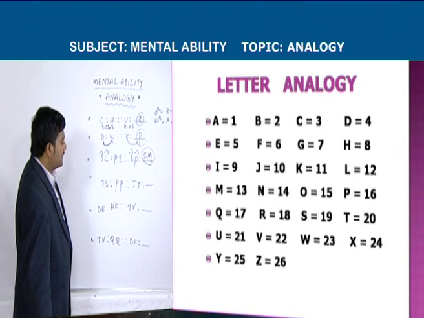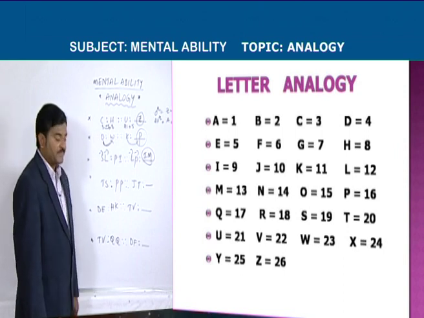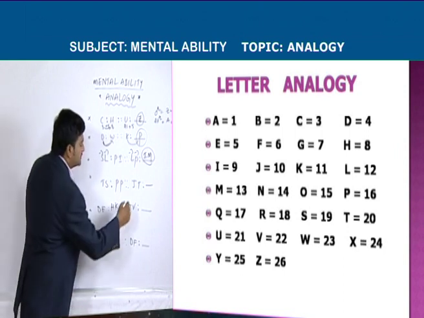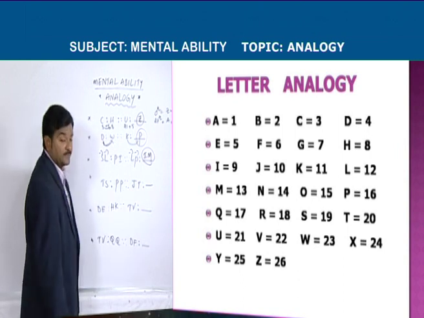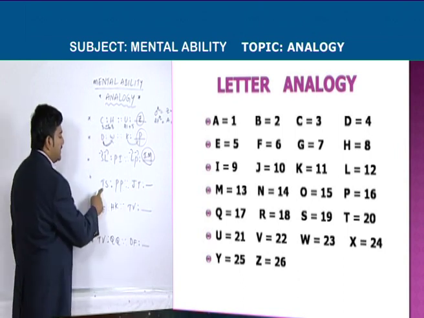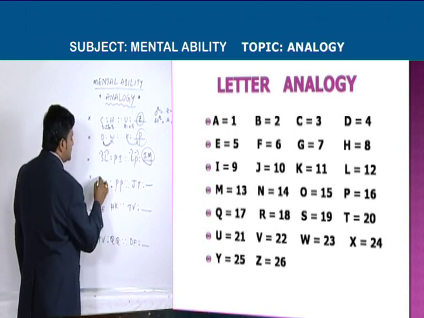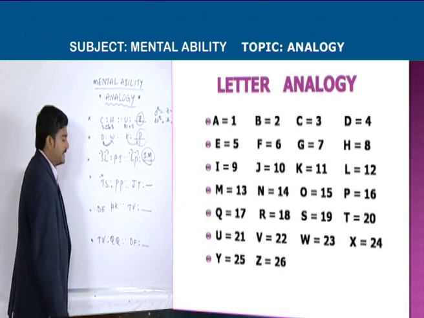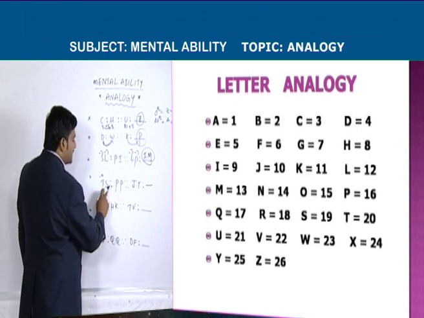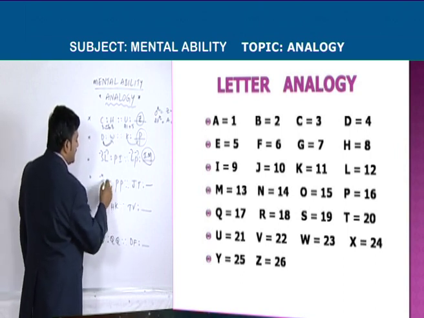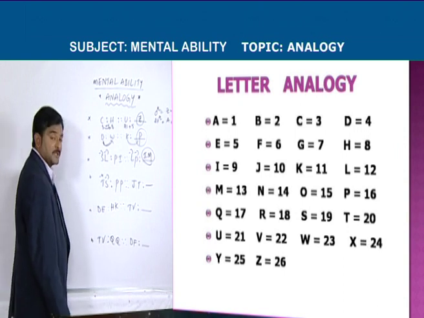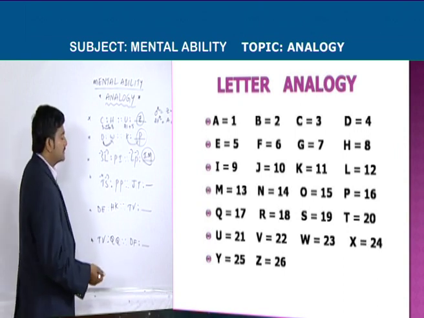See, observe here, TS is to PP as JT is to dash. T means 20 and P means 16, so 20 became 16, simply reduced by 4. Here S means 19, P means 16, reduced by 3. So reduce 4, then reduce 3.